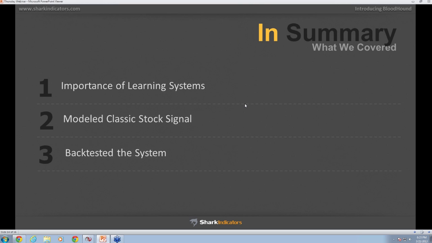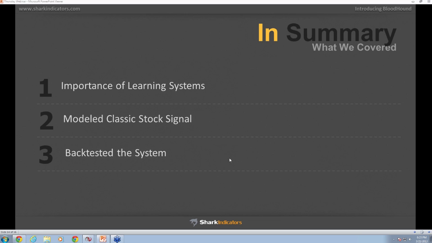I'm also happy to send out this template file, this BloodHound system. If you're a customer, just shoot me an email and I'll pass it to you. That's not a big deal at all. And of course, then we showed you how to backtest it. It's really that simple, folks.